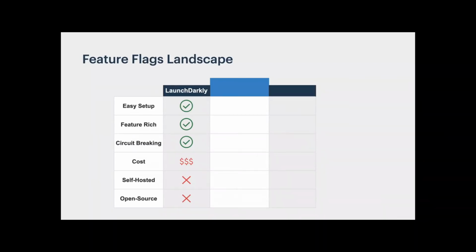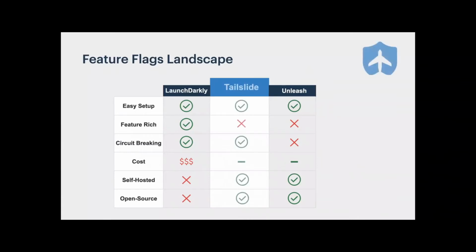Open source frameworks such as Unleash typically offer either self-hosting of their frameworks or using their cloud services. They offer many features just like LaunchDarkly, but are harder to set up and don't come with circuit breaking. Finally, they found Tailslide, an open source framework that is fully self-hosted and easy to set up.